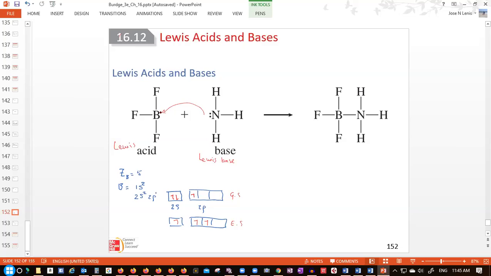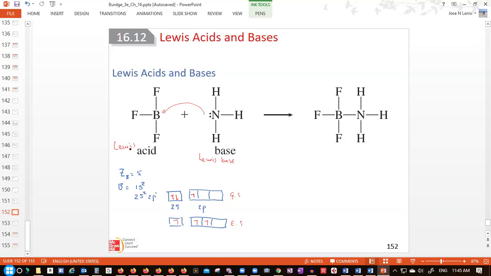Notice, if we try to use the Bronsted-Lowry definition of acids, how would you classify this? None, right? Because Bronsted-Lowry says the acid is a species that can donate a proton, but there's no proton here to donate. So Bronsted-Lowry cannot explain the acidic behavior of this species.